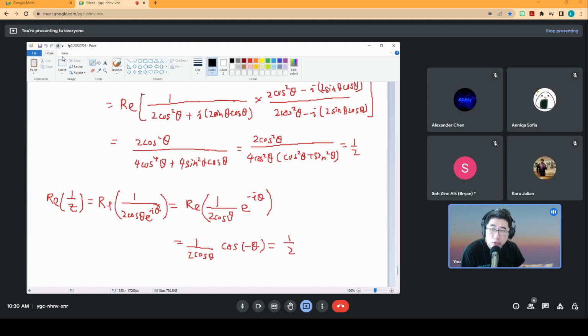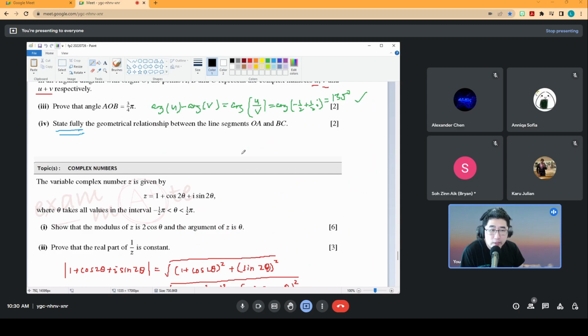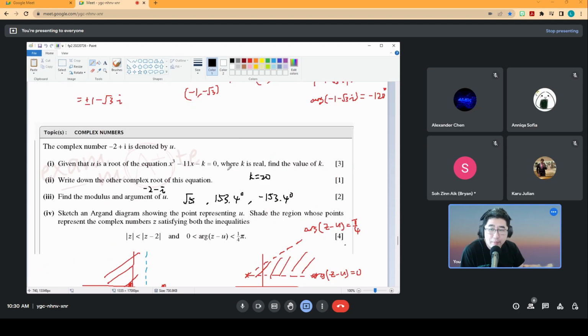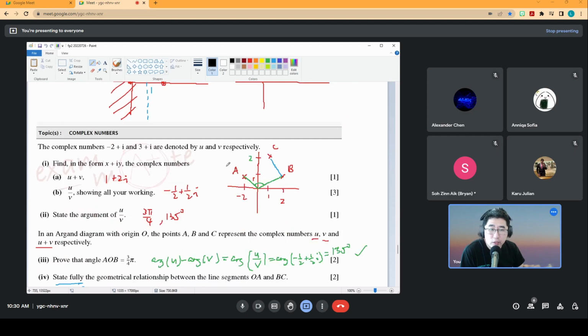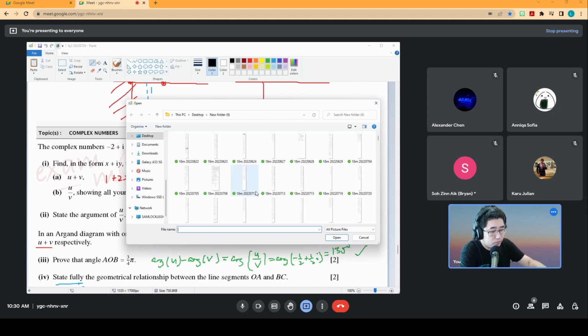This is on the 26th of July. Of course, there are quite a number of things that need to be recapped here. But the quick recap is to help you understand what we are going to do in FP2. Open.